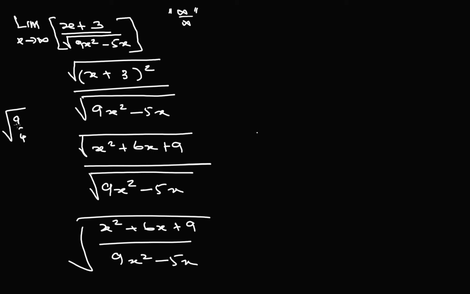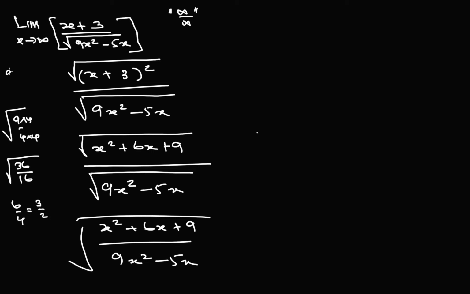I can multiply by 4 here and 4 there and still maintain the integrity of this. I'll have 36 over 16. So if I find the square root of this, it will be 6 over 4, meaning I can reduce this to 3 over 2.